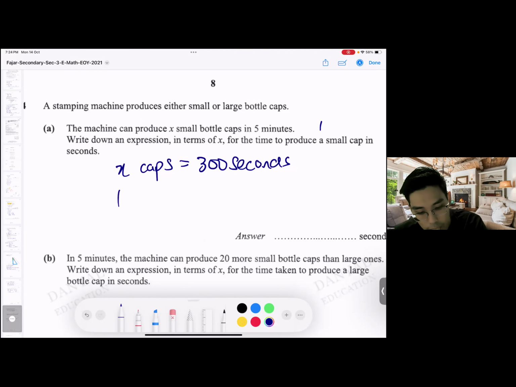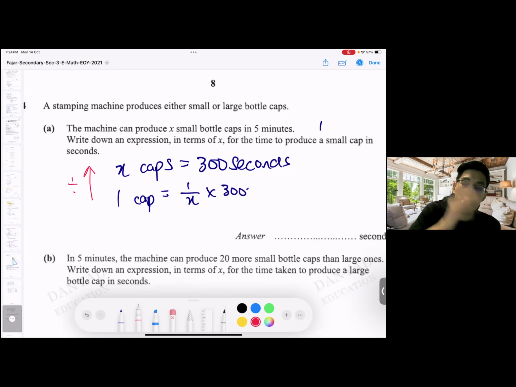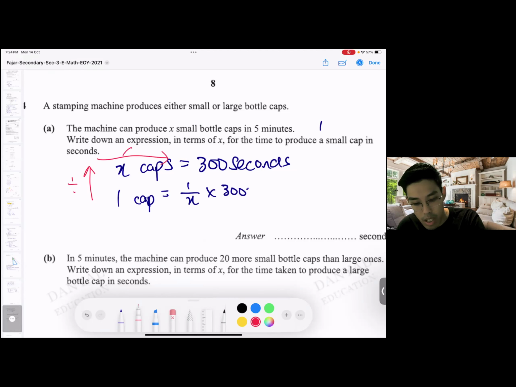Or one cap equals to 1 over X times 300. This one I've been talking about the L method. For those of you who do the L method, means divide outwards, multiply across. Won't go wrong, confirm correct. I've been teaching this for primary school and secondary school kids, always using the same thing. Divide outwards, multiply across. So you'll get 300 over X seconds.